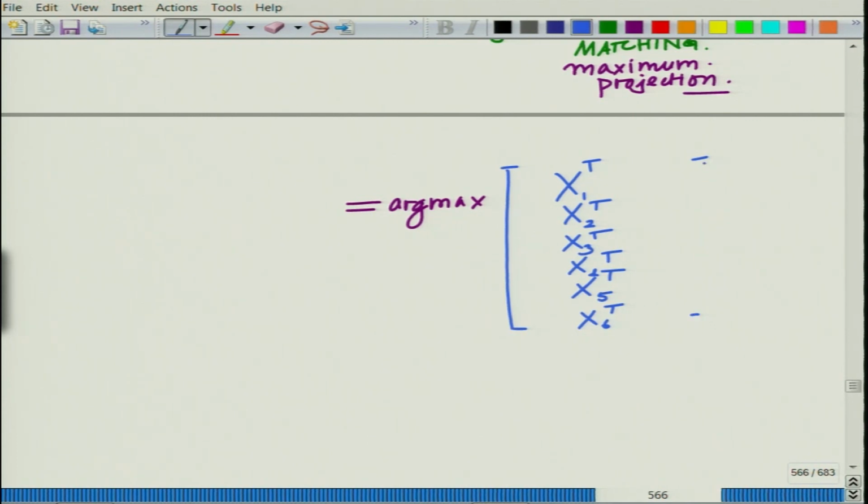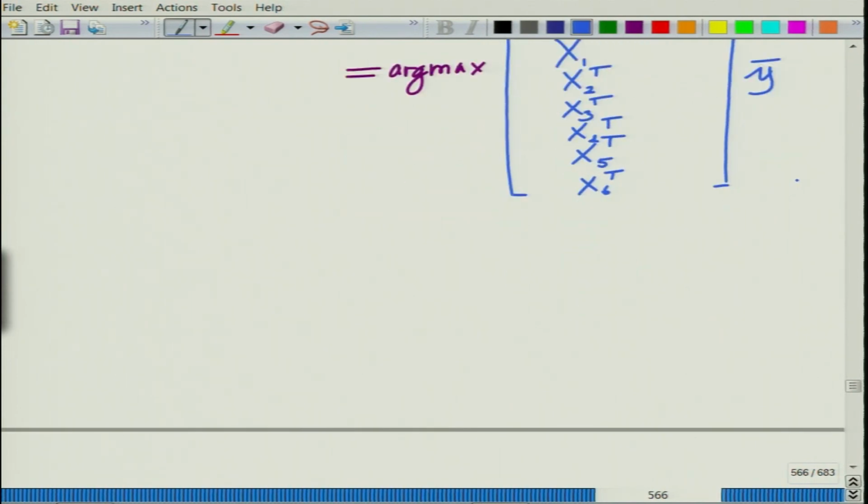So, I can simply take the product x transpose times y bar, because this will give me all the projections.